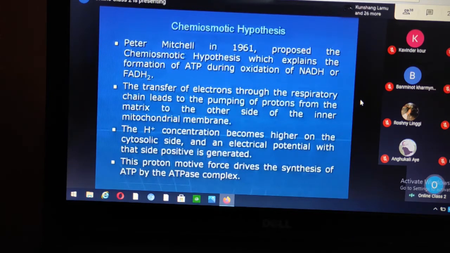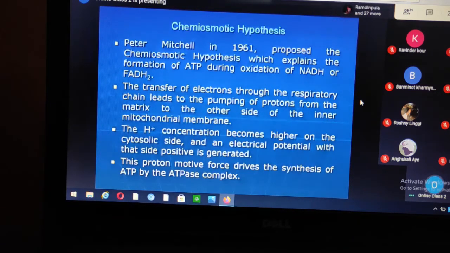These electron carriers carry the electrons from the reduced coenzymes to the molecular oxygen. Since these complexes carry the electrons, they are called electron transporters. So here oxidation is through the electron transport chain.